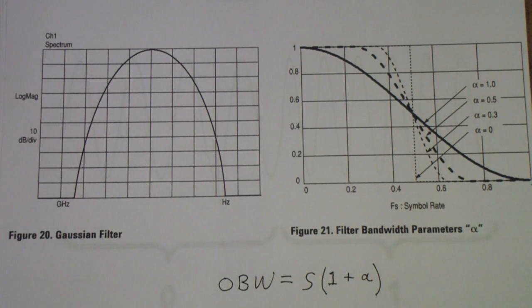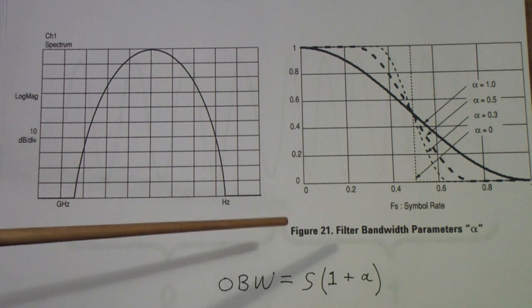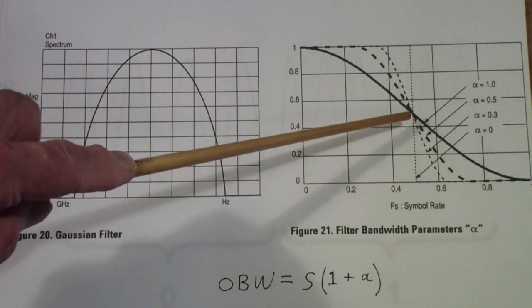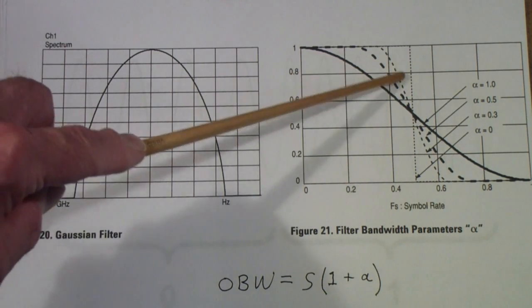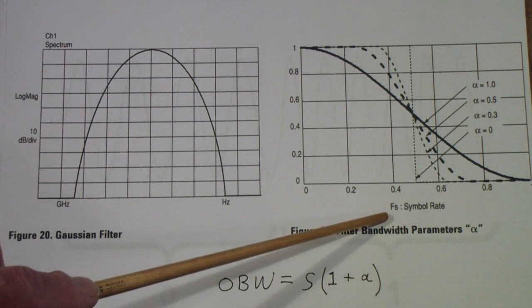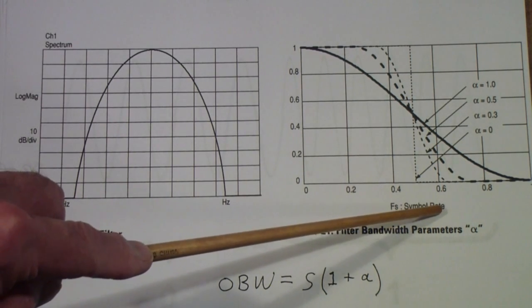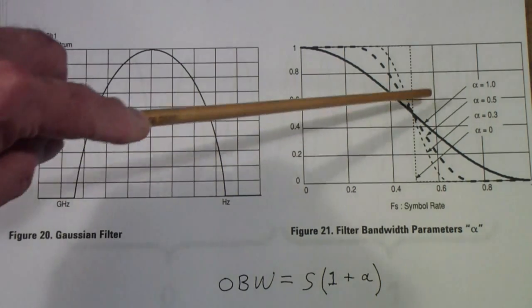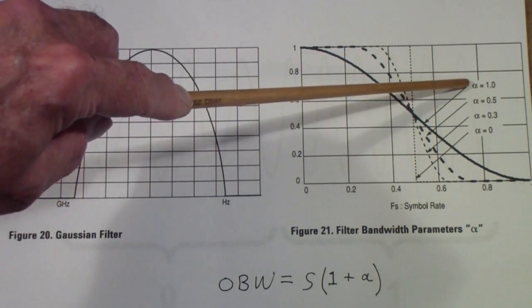It's sometimes referred to as a raised cosine filter or a root-raised cosine filter. And basically, the filter is an attempt to shape the bandpass so that you get a certain effect on the occupied bandwidth of the resulting signal. And that is done by adjusting what is called alpha.